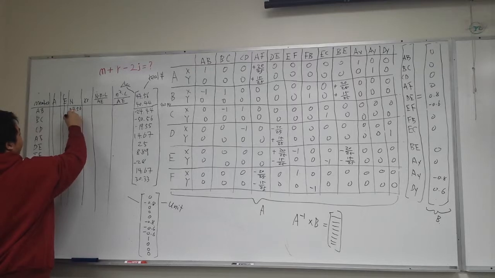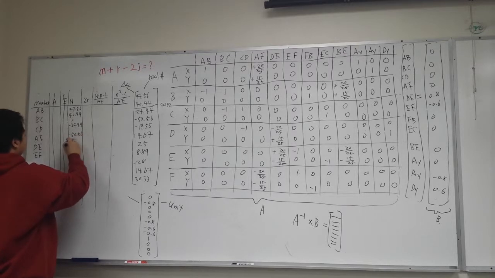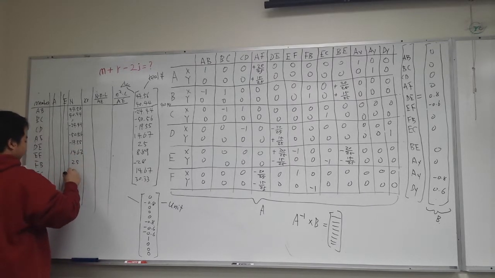756, 40.44, negative 24.44, negative 50.56, negative 19.55, 14.67, 25, 8.89.